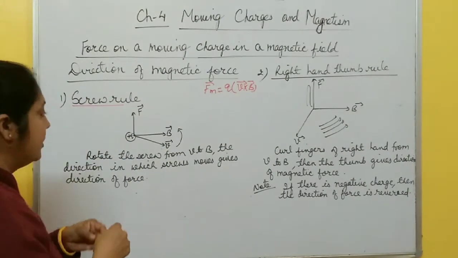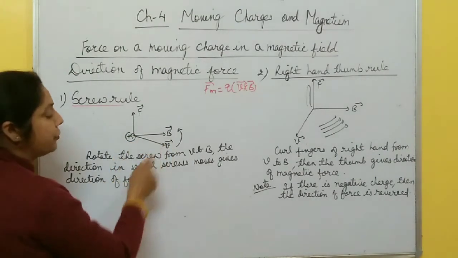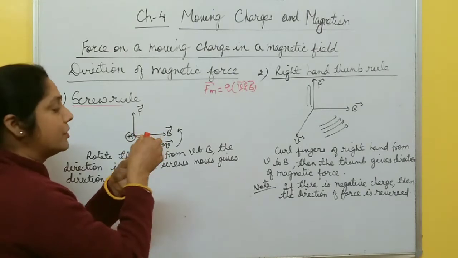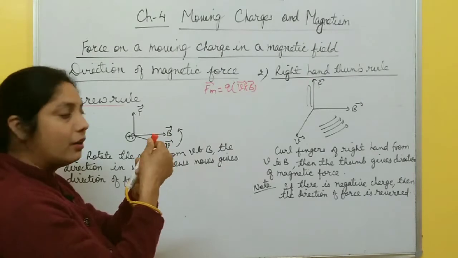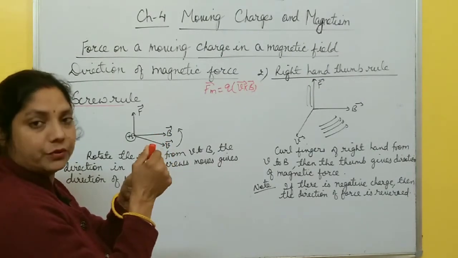What is the screw rule? Place a screw at this point and rotate the screw from V to B. Suppose we rotate the screw from this V to B. So the rotation is anti-clockwise. And if the rotation is anti-clockwise, then what is the direction of magnetic force? Outward, right?